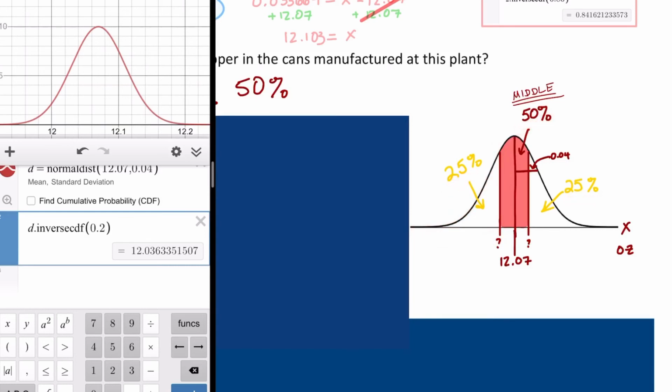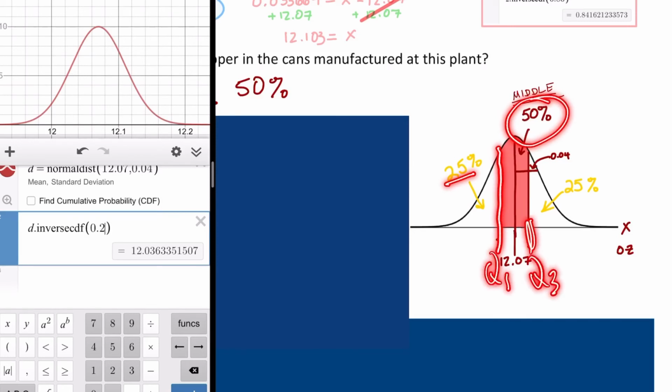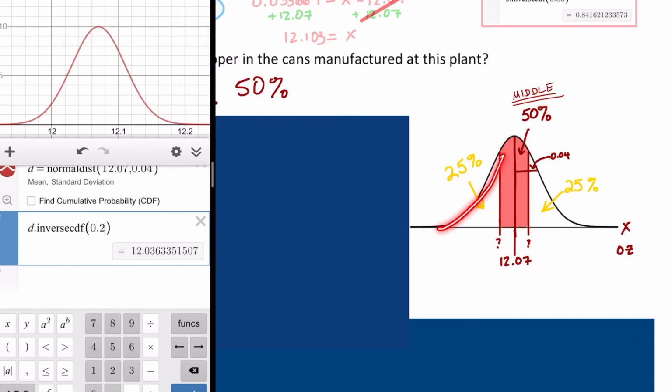Also, like I said, if this is IQR, this must then be, like I said a second ago, Q1, and this is Q3. So this is the 25th percentile, which is Q1, and this would be the 75th percentile, or Q3.